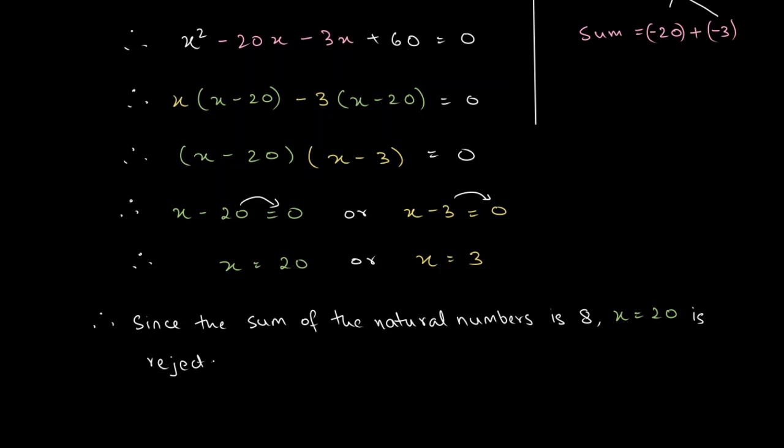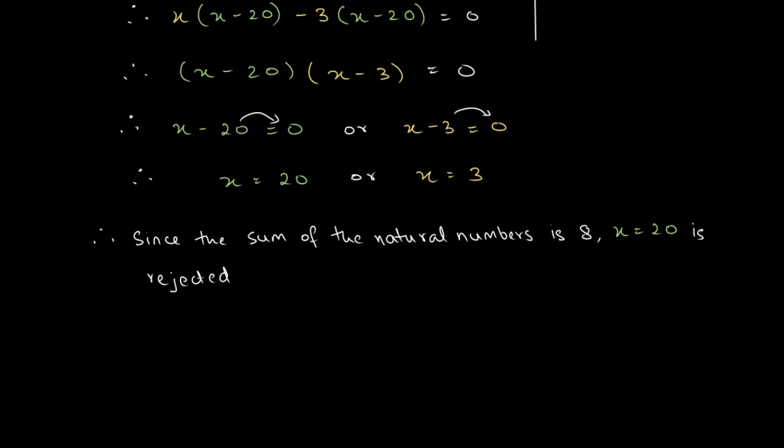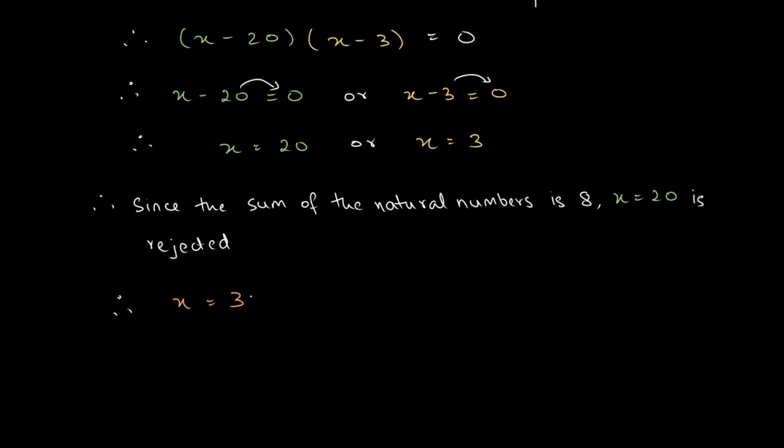Because it's not possible for x to hold that value, and therefore the valid answer for me is x is equal to 3. Now remember, if x is equal to 3, the sum of the two numbers was 8, so the other number, which was 8 minus x, will be equal to 8 minus 3, which is equal to 5.